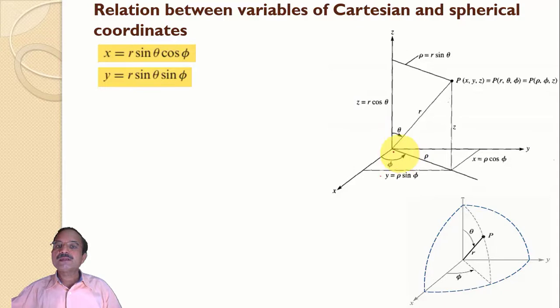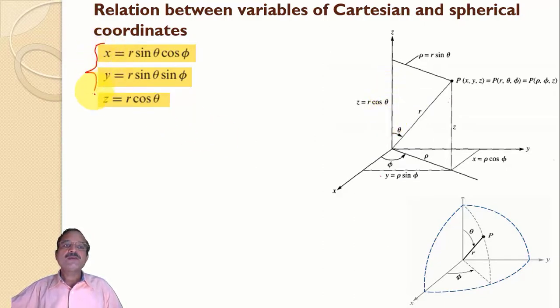This side is r sin theta, and its projection on the y axis is r sin theta sin phi, and the projection of r on the z axis is r cos theta. So using these three relations, we can find x, y, z in terms of r, theta and phi.